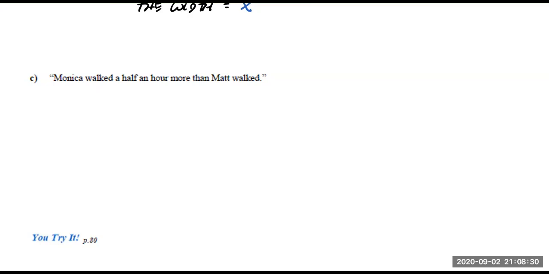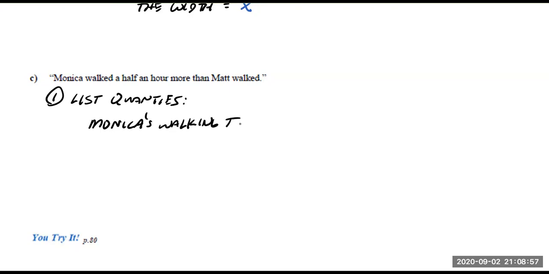Well, the quantities that we're talking about, and that's what we're going to do, is list the quantities. They're talking about the time that Monica walked. So one of the quantities would be Monica's walking time, and the other would be Matt's walking time.